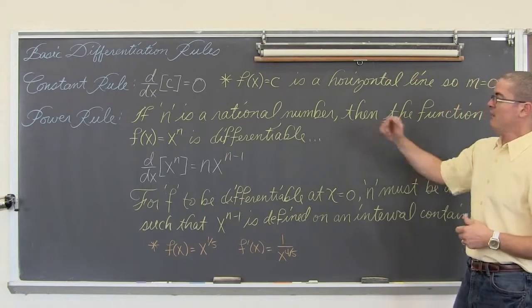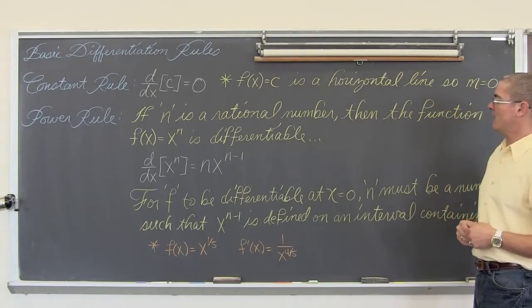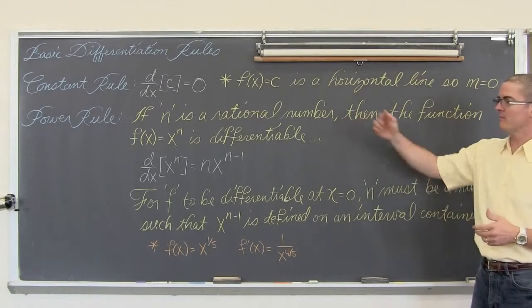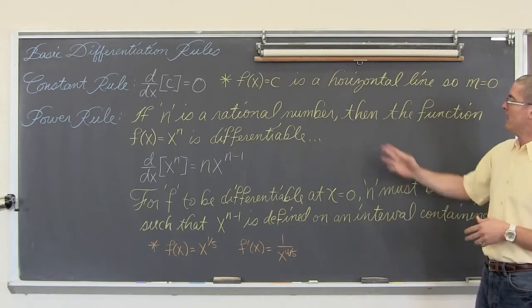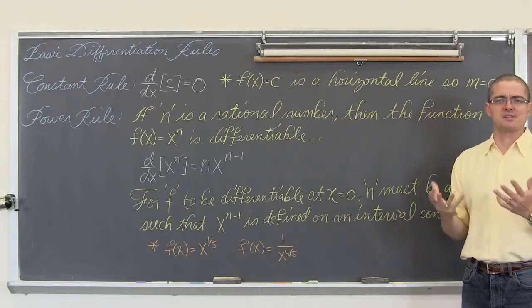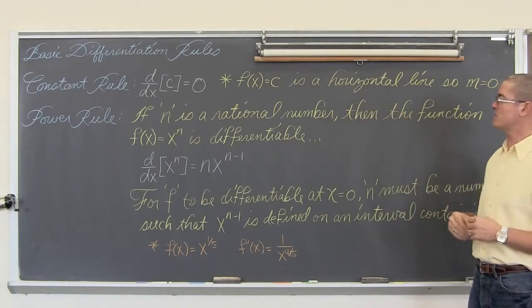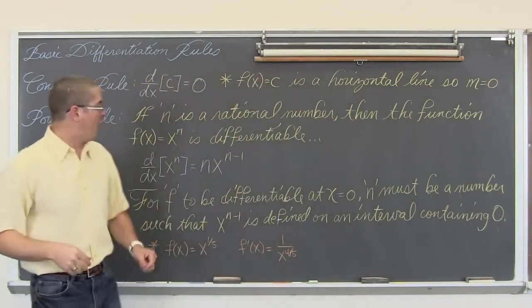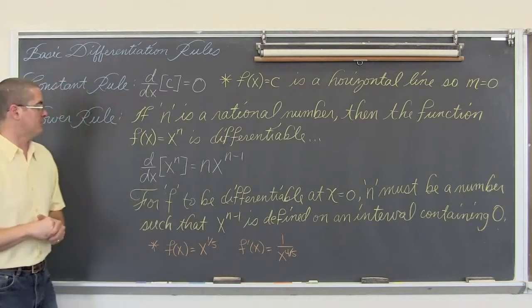Power rule. If n is a rational number, like 2/3 or 1/2, or 5 too, but the exponent can't be something like the square root of 7, okay? As long as n is a rational number, then the function f of x equals x to the n power is differentiable.